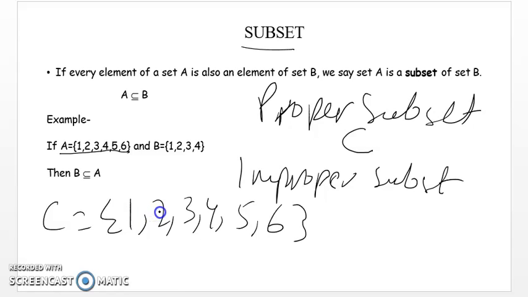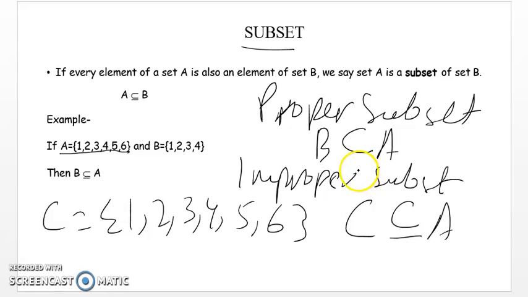When this type of scenario occurs, we say that C is an improper subset of A, while B is a proper subset of A. So again repeating, the difference is that in a proper subset the elements are less than the bigger set, while in an improper subset the elements are equal to the bigger set.